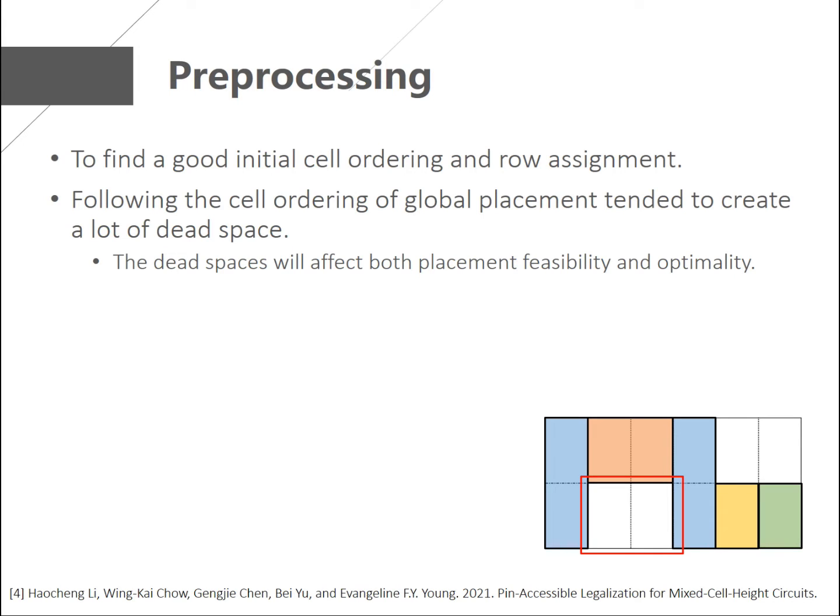As previously mentioned, we want to find a good initial cell ordering and row assignment in preprocessing step. Since completely following the cell ordering of global placement tended to create a lot of dead space, which will affect both placement feasibility and optimality. The figure shows an example. In this case, the yellow and green cell cannot be placed in the highlighted area under current cell ordering, even when there are abundant space here.